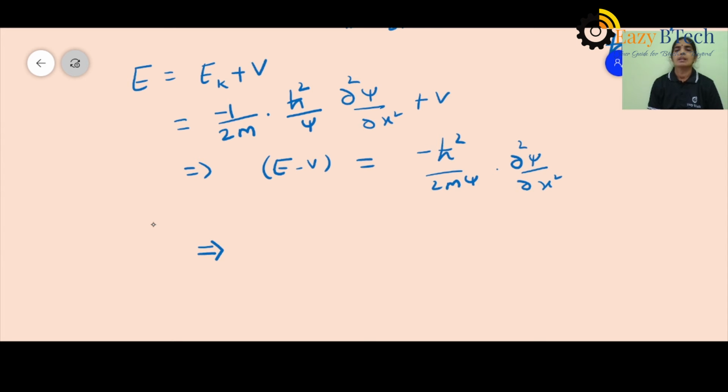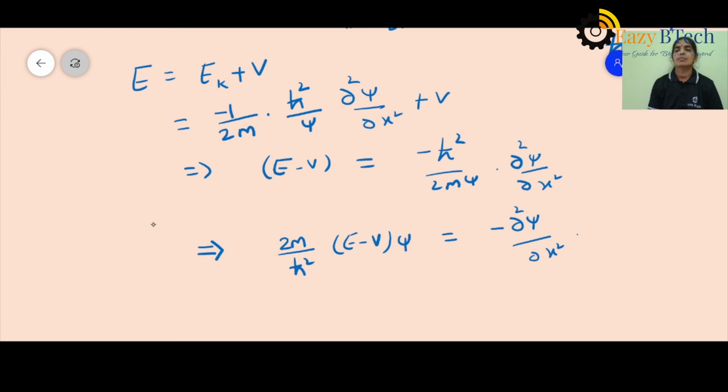Take your 2m psi h cross square onto the other side. Then it becomes 2m by h cross square into E minus V psi of x, or psi will be equal to minus dou square psi by dou x square. Now since we are having this to be with a negative sign here, take this on to the other side.